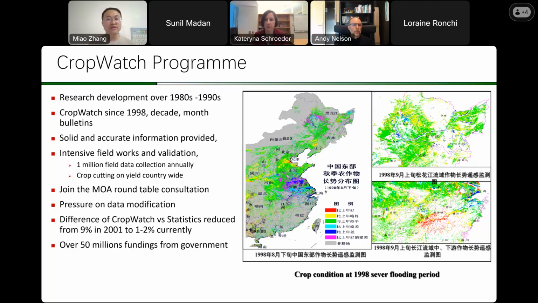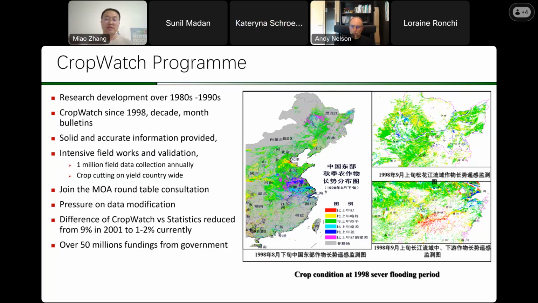So that year, our information contributed to the central government making timely decisions, either to store the crops after the harvest, and also they used our information to support within-country crop transportation.